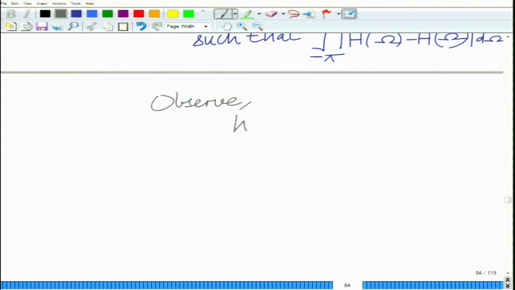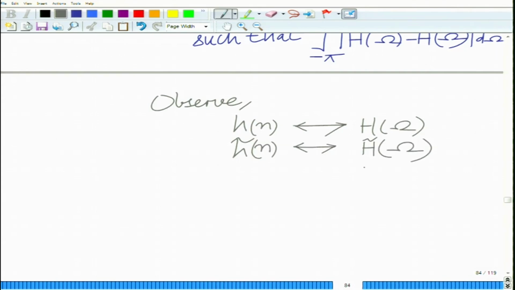that we have h n, which has the DTFT or frequency response H of omega, and h tilde n has the DTFT H tilde of omega.